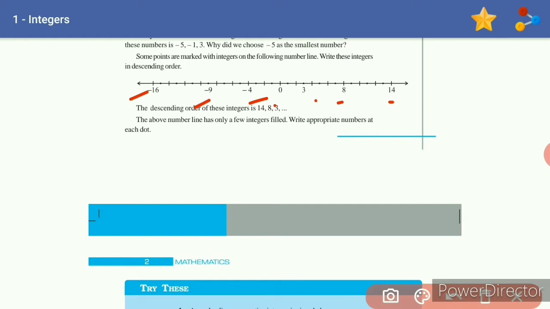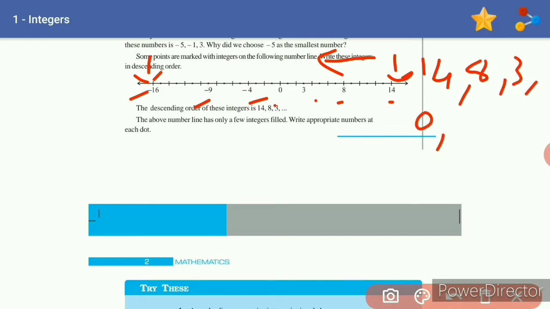Of course the number which lies on the rightmost side is the biggest one, and the number which lies on the leftmost side is the smallest one. So the biggest number is 14. Then if we travel to the left side, the numbers are becoming smaller and smaller. So 14, 8, 3, 0, -4, -9 and -16.